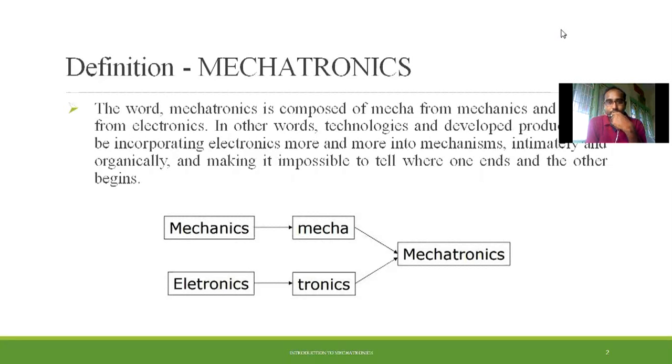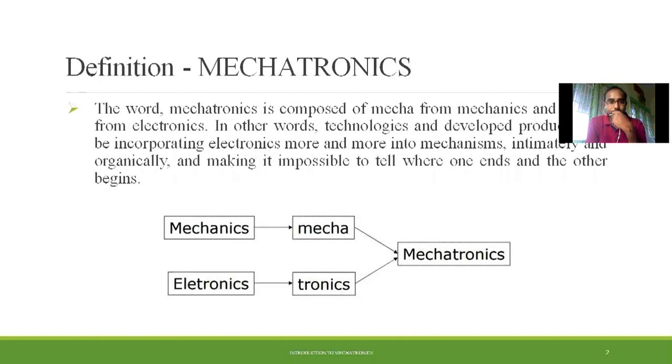So the combination of both, mechanical actuators operating with respect to electronic gadgets, is nothing but the mechatronic subsystem, which is used widely in present day's technology, where the manual process cannot be involved and do the work.